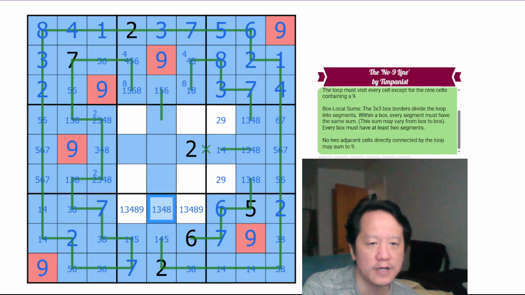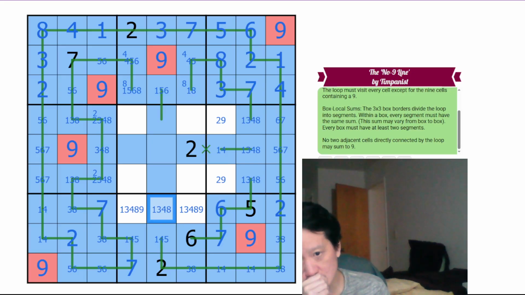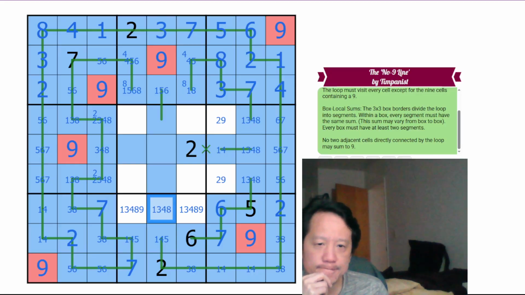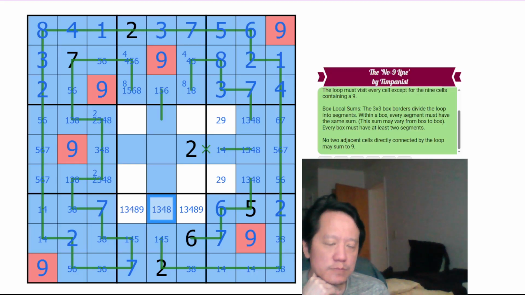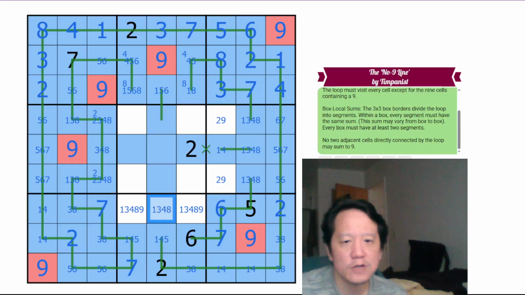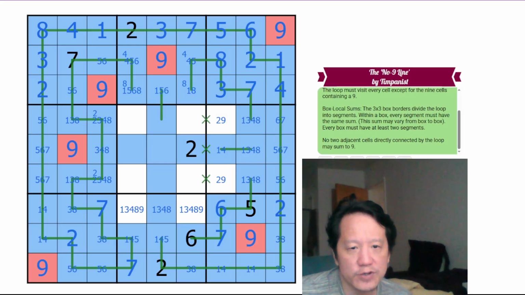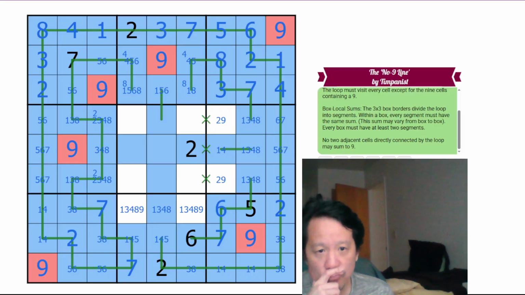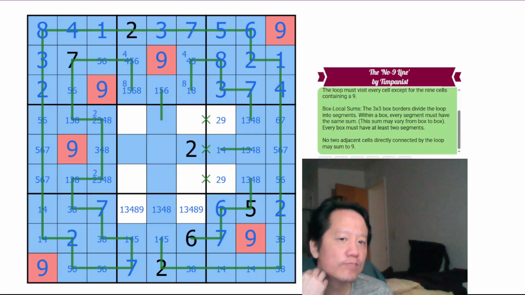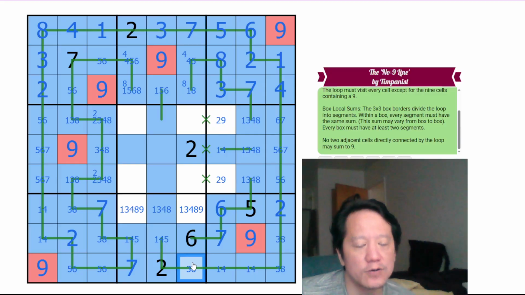And obviously this can't be 9. None of these can go out this way, period. So this is 3 or 8 here.